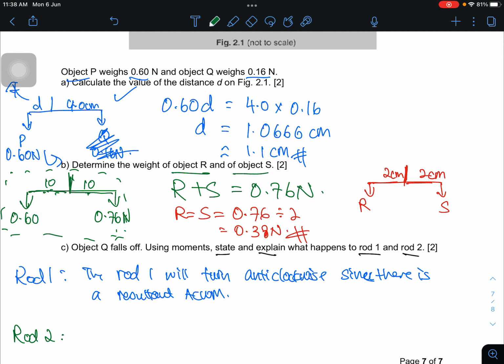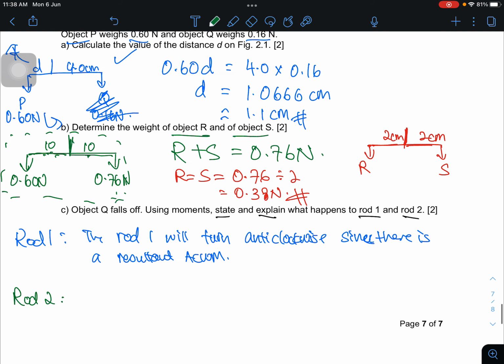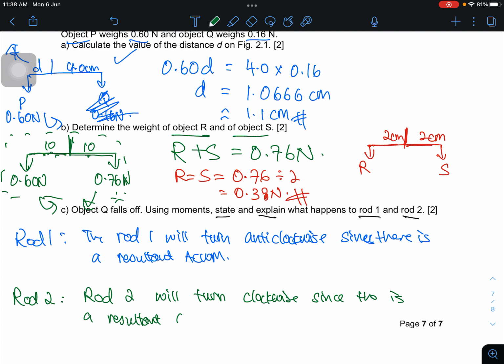I only have 0.60 because my Q dropped. So my clockwise moment is now larger. So rod 2 will turn in what direction? Clockwise. Since there is a resultant clockwise moment.